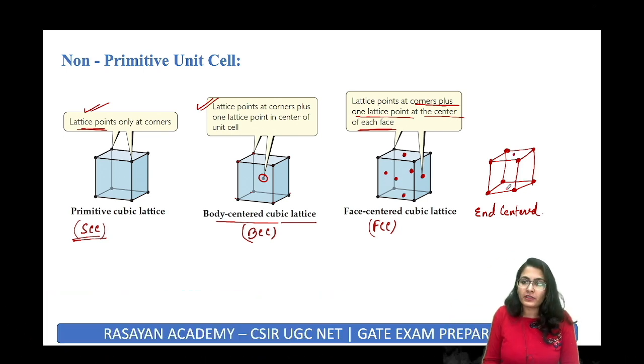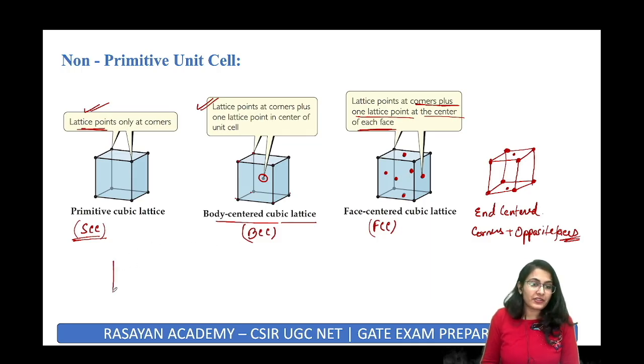Either it could be these 2 faces, or it could be these 2 faces, but only 2 faces, or back and front, but only 2 more faces. So corners plus opposite faces. This is what we call the end-centered cubic lattice.